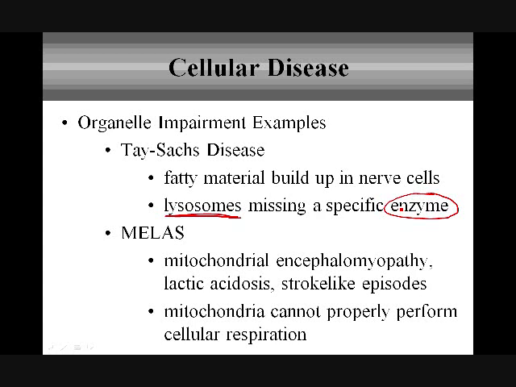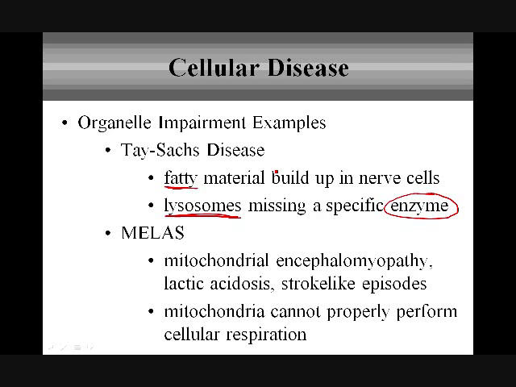They're those small little sacs that are going to break down organic molecules, and occasionally they're going to break down cellular structures as well. So if that lysosome or multiple lysosomes are malfunctioning, there's going to be a buildup of whatever it's supposed to break down. In this case, it's a fat buildup, and specifically in the nerve cells. Oftentimes it's fat buildup in the brain, central nervous system, and it causes severe impairment.